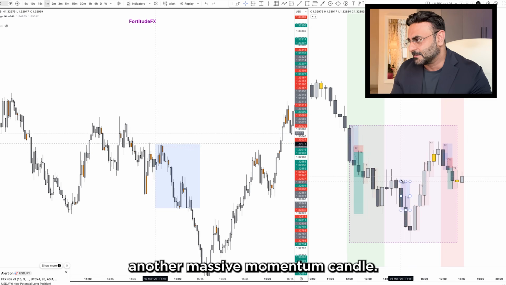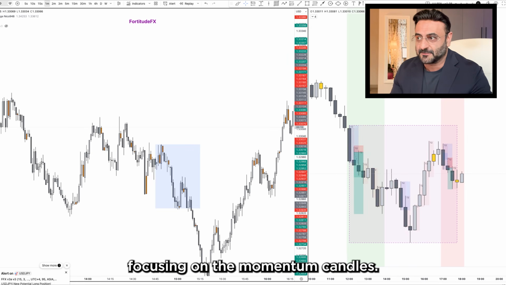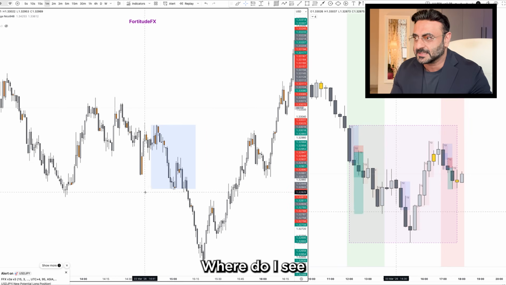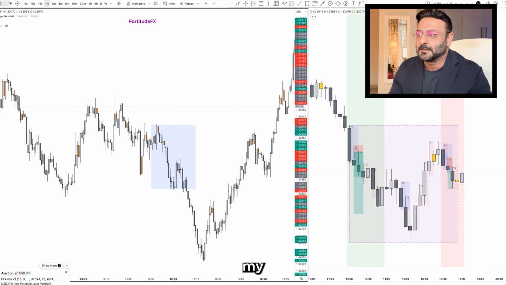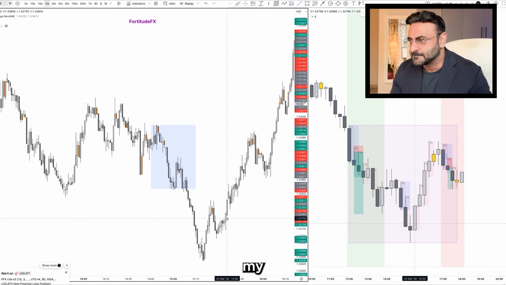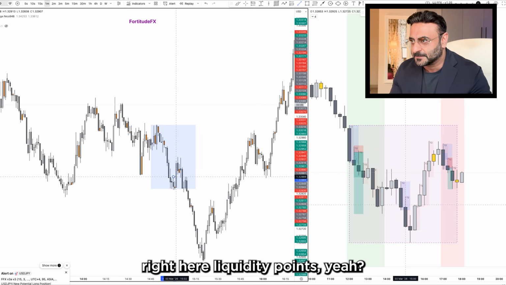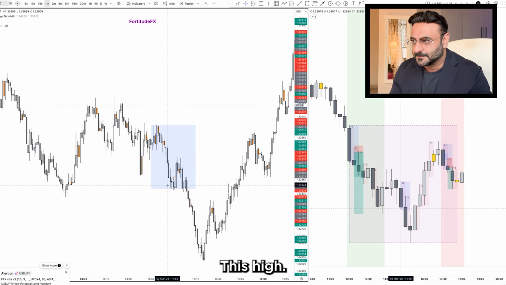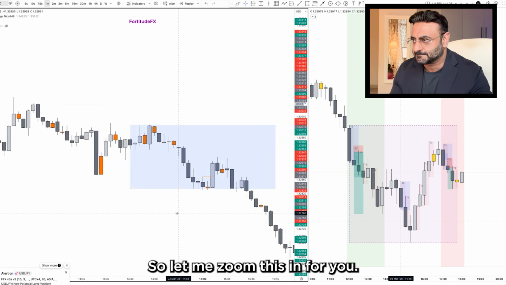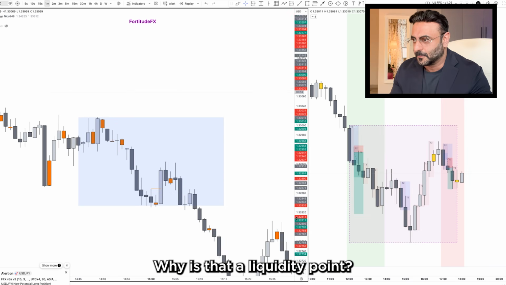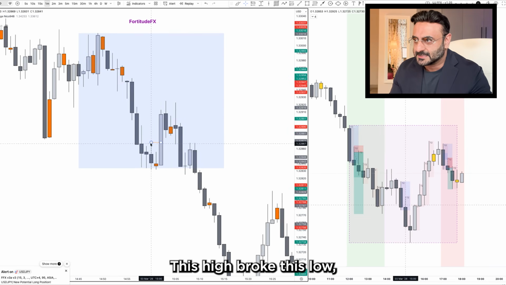The next step. Right here, another massive momentum candle. And you can see I'm focusing on the momentum candles. Where do I see my liquidity points right here? Yeah, this high. So let me zoom this in for you. Why is that a liquidity point? This high broke this low. This is a fractal high, right?